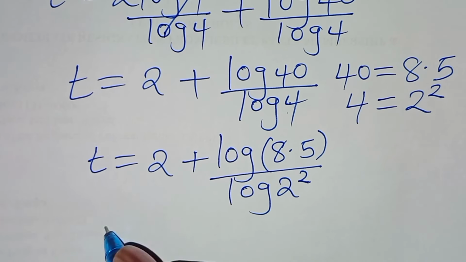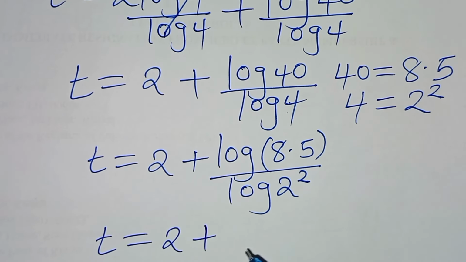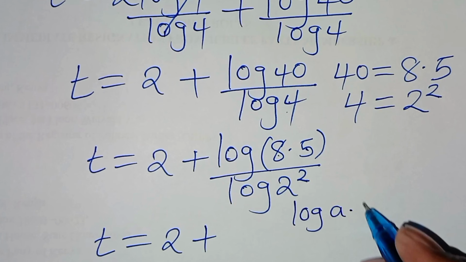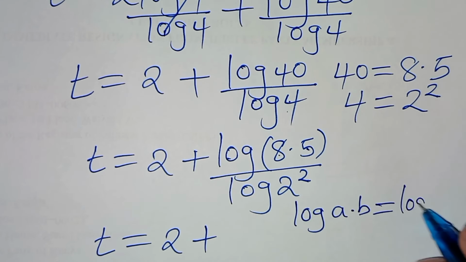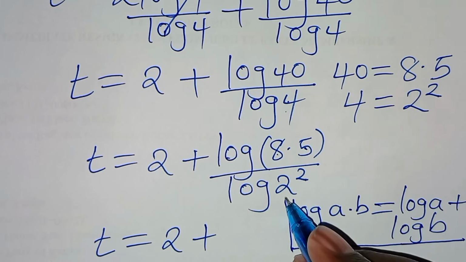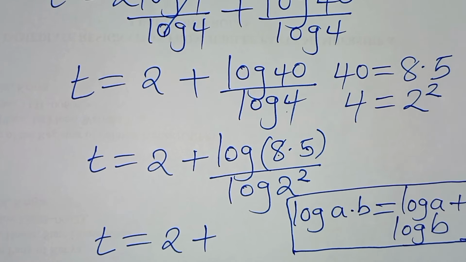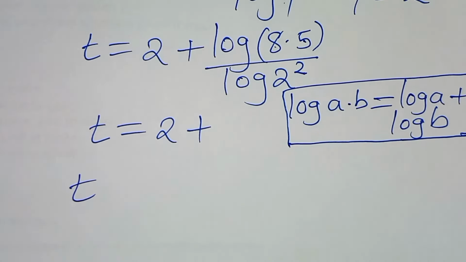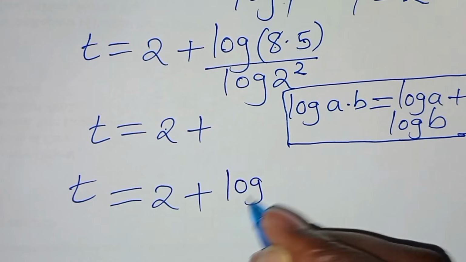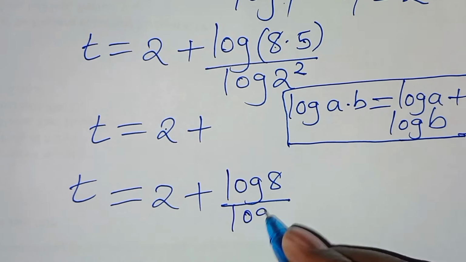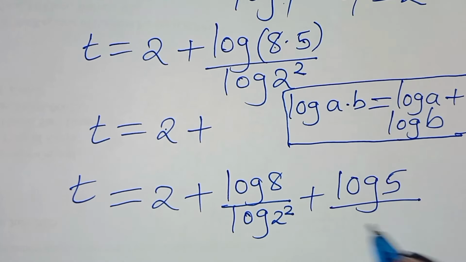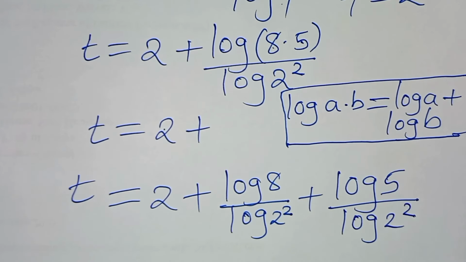The next step, t equal to 2 plus, now log of 8 times 5 is in the form of log a multiplied by b, which we can express as log a plus log b. So let's apply this logarithm property, so that now t is equal to 2 plus log 8 divided by log 2 to power 2 plus log 5 divided by log 2 to power 2.